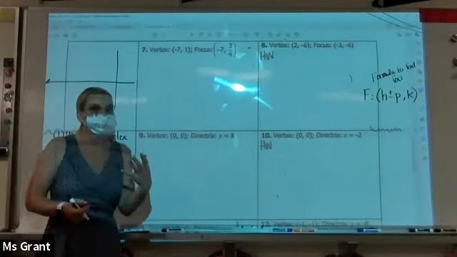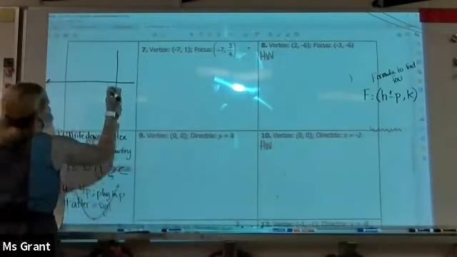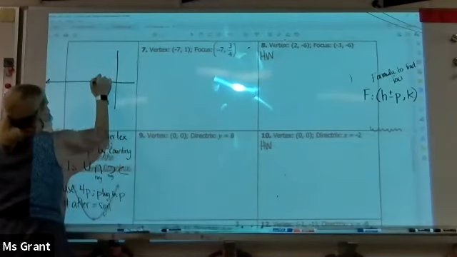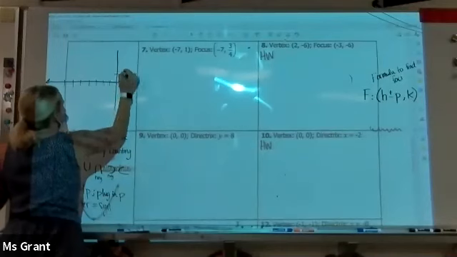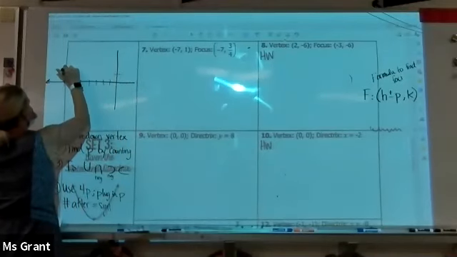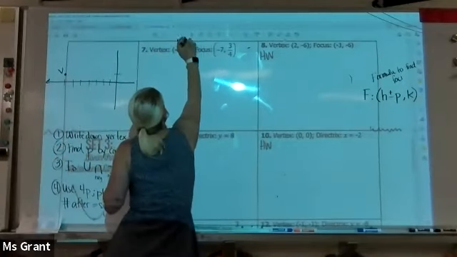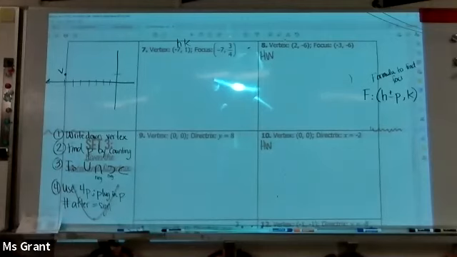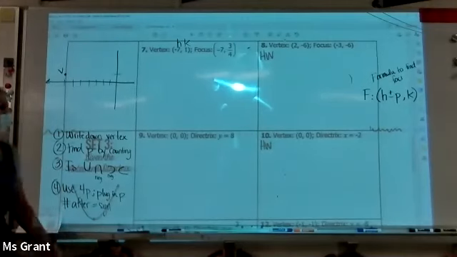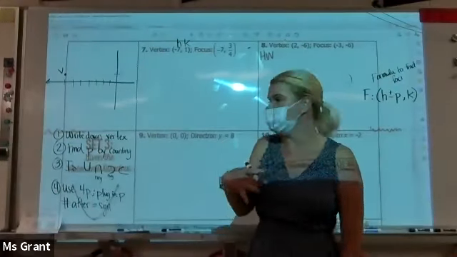I was planning ahead because I knew that in quadrant 2, I'd have to have lots of space. 1, 2, 3, 4, 5, 6, 7. I'm going to put HK because it is HK. Minus 7, plus 1. I don't know how this opens yet, but I'm gonna plot my foci.